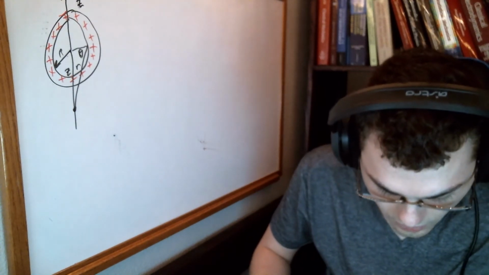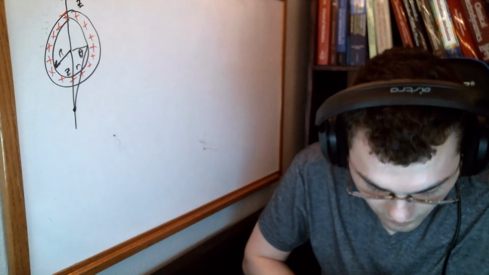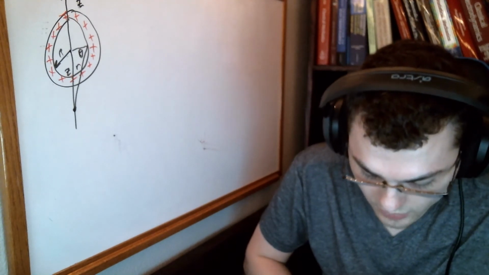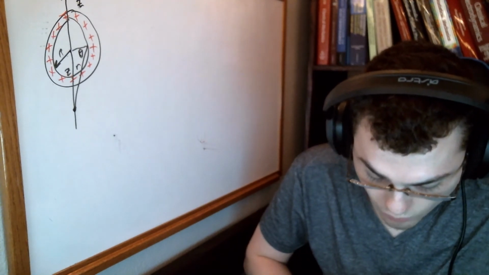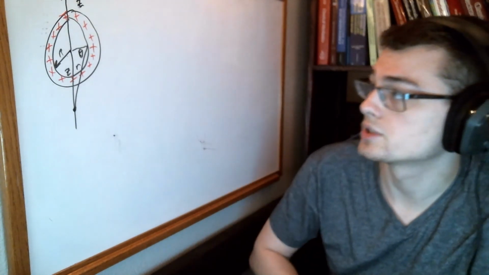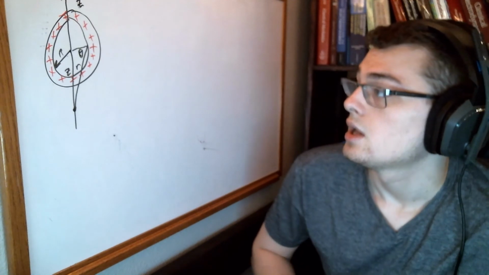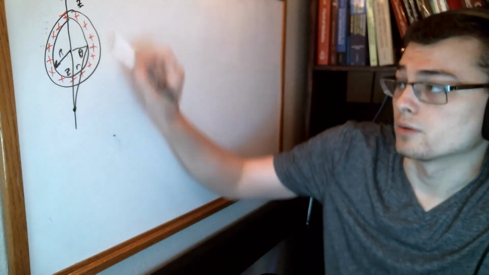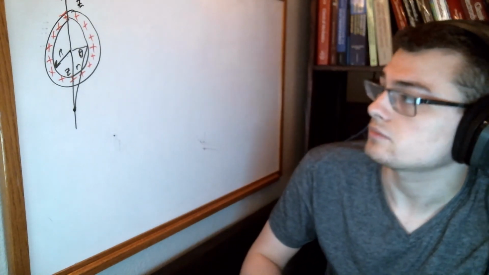Okay, so one point that we have to talk about is that Ey and Ex at any point on the z-axis is going to be 0. And this is because we have symmetry inside the ring.